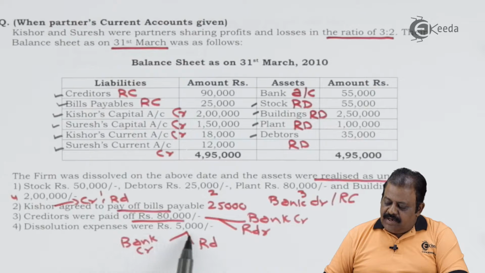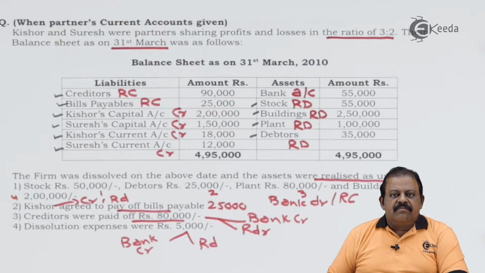Dissolution expenses were rupees 5,000. Amount paid, bank will be credited, realization account will be debited.